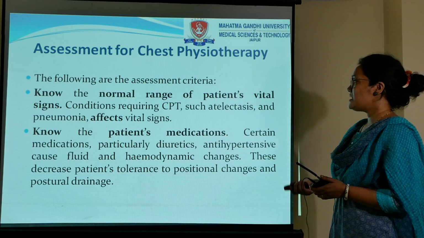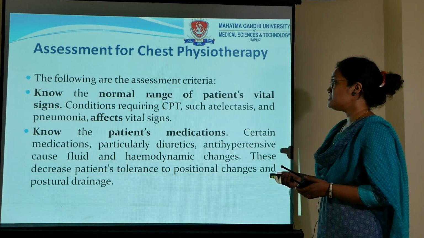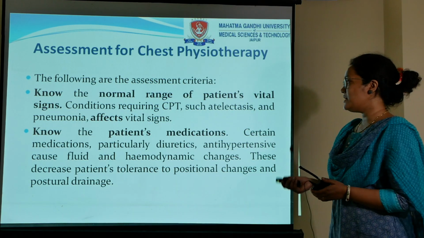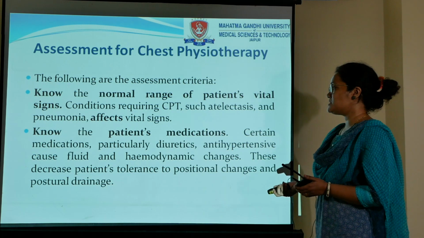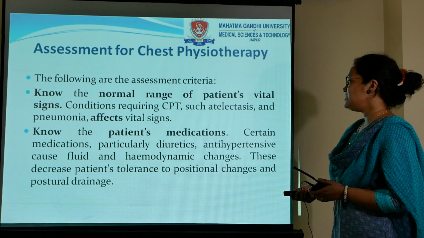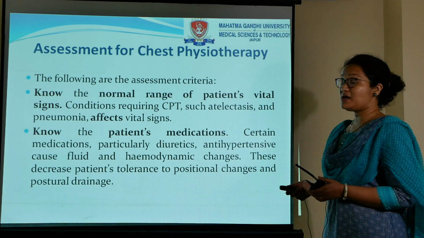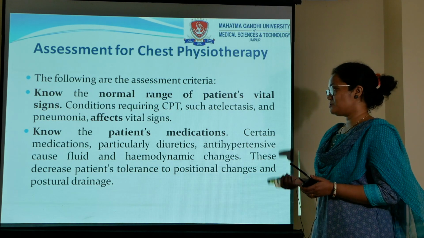The second, we should know about the patient's medication, because certain medications, particularly diuretics and antihypertensives, can cause fluid and hemodynamic changes. These can decrease the patient's tolerance to positional changes as in postural drainage.